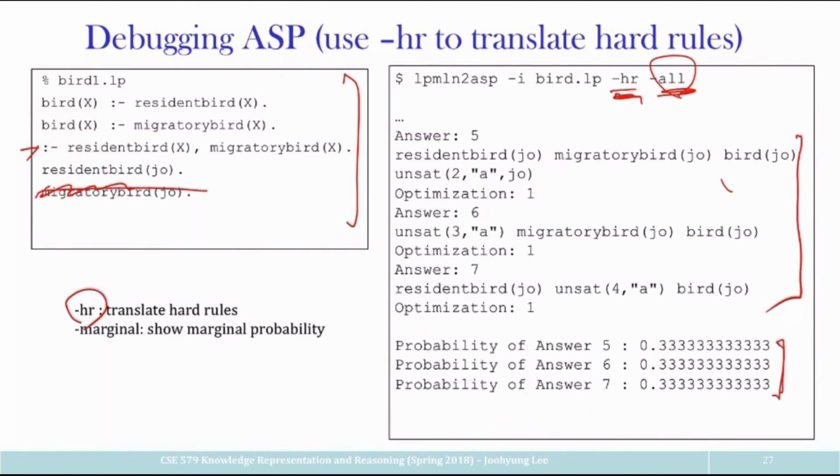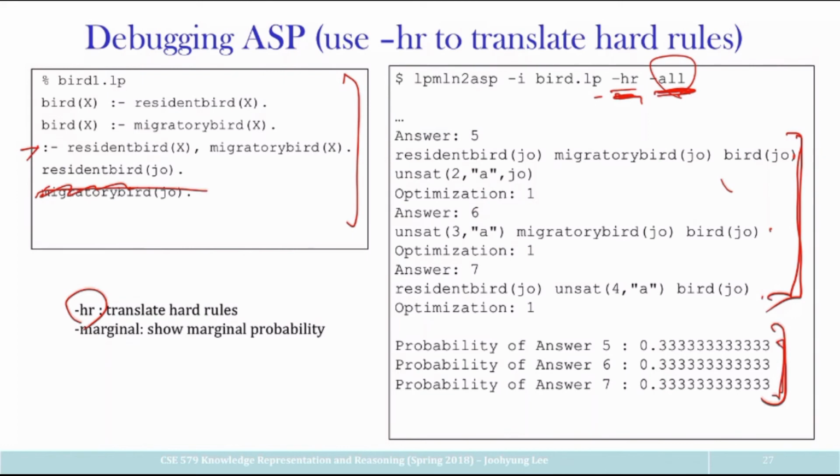In each case, you can see that one of the last 3 rules is ignored. If you put this, it will show this one. If you put this, it will show the probability.